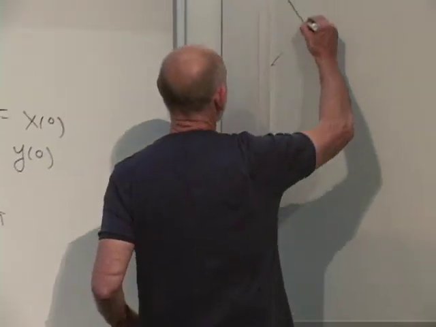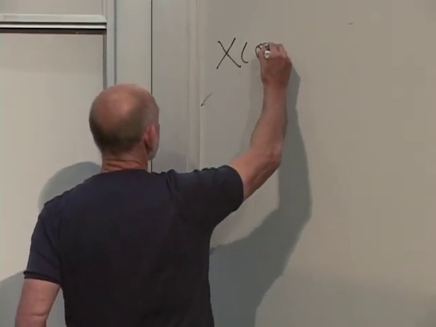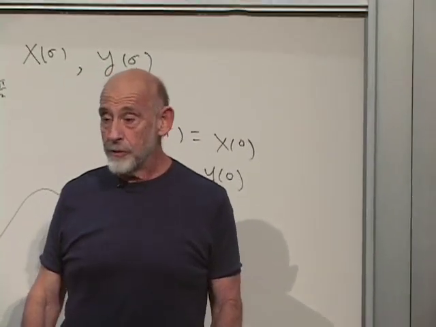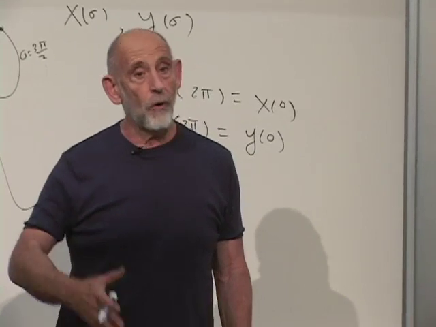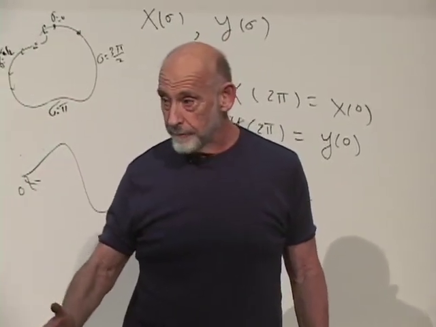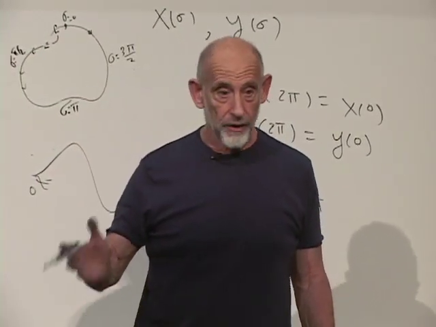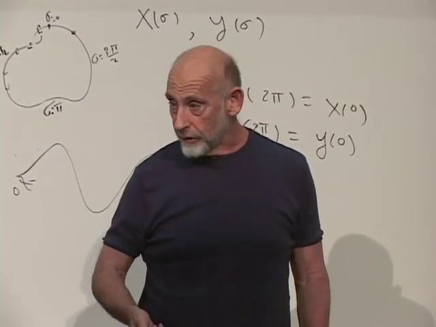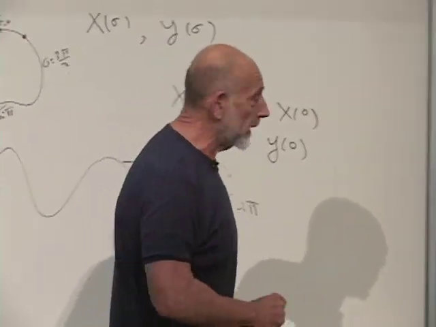Let's take x of sigma. What we're going to do is exactly what we did with the open string. We're going to Fourier transform x of sigma. But now the rule is neither Neumann nor Dirichlet, just that it comes back to itself after going around by 2 pi.